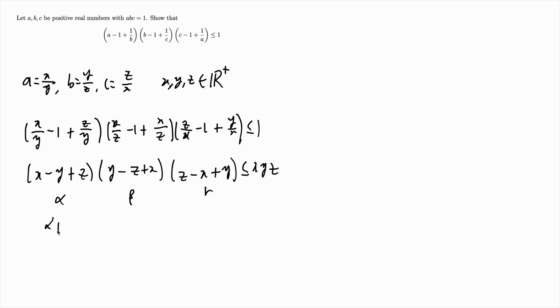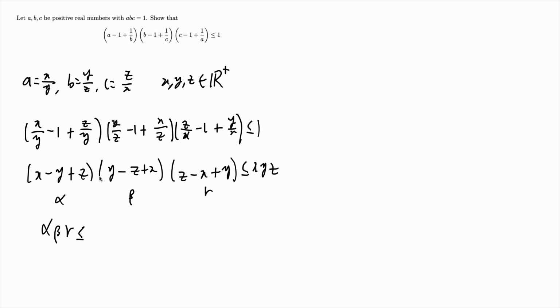Notice that alpha plus beta plus gamma is equal to x plus y plus z. So right now, we want to prove that alpha, beta, gamma is less than or equal to... What is alpha plus beta?